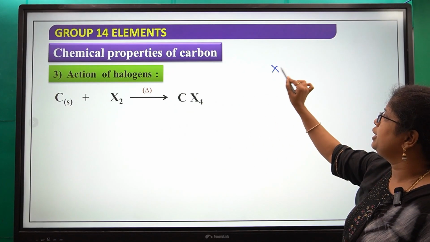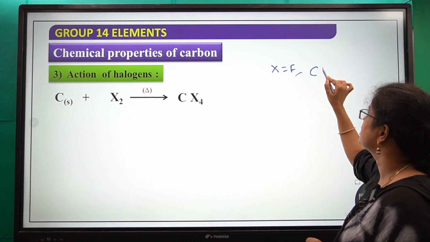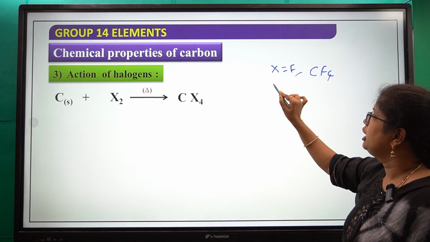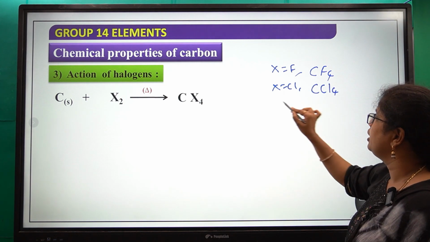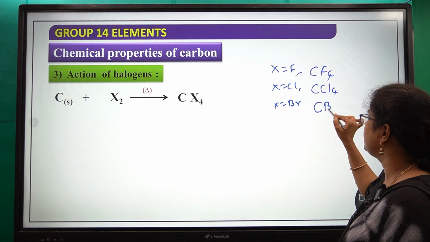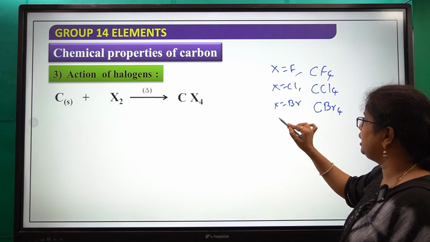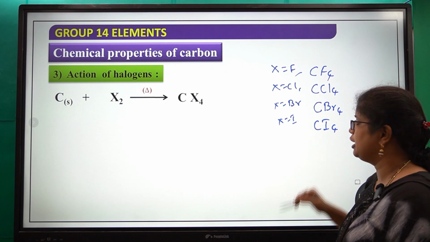If you take in the place of X, F, what does it give? Carbon tetrafluoride. If you take chlorine, it gives carbon tetrachloride. If you take bromine, it gives carbon tetrabromide. And if you take iodine, it gives carbon tetraiodide.